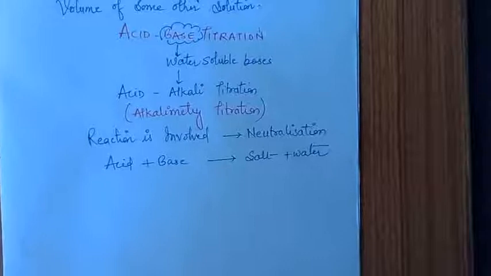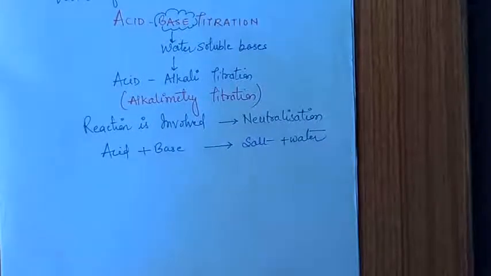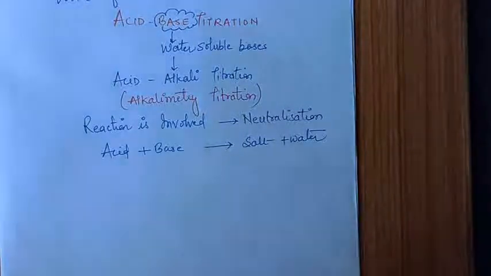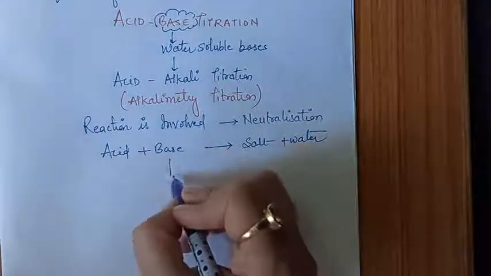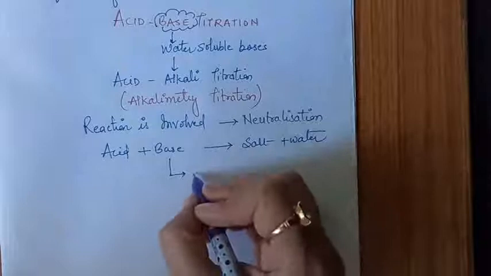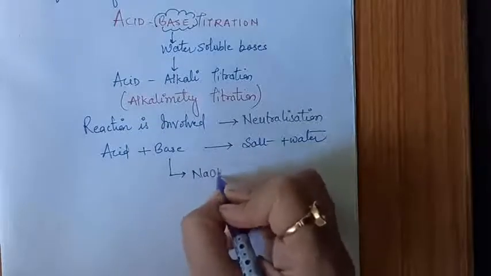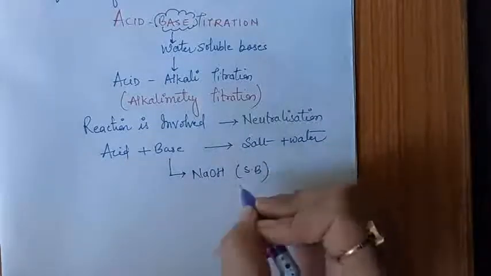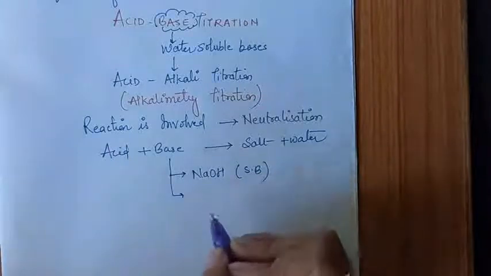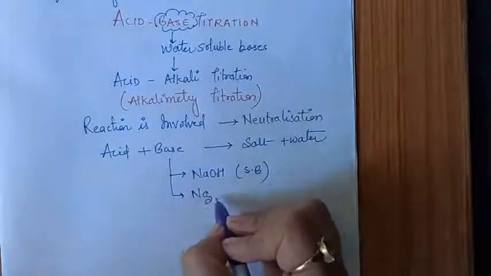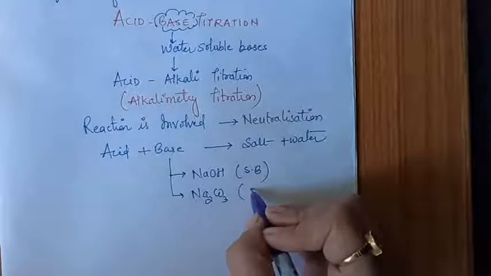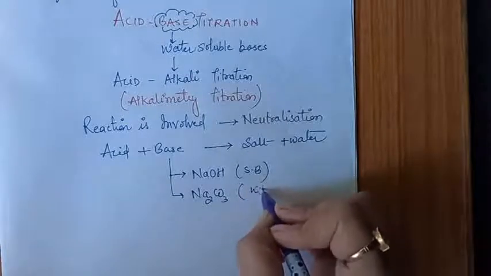Now let us discuss the syllabus of class 11th, that is, what combinations you can get. The strong base which we use is NaOH, a very strong base. Sodium carbonate can also be used for titration. This is a weak base.